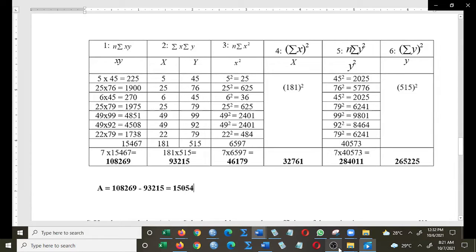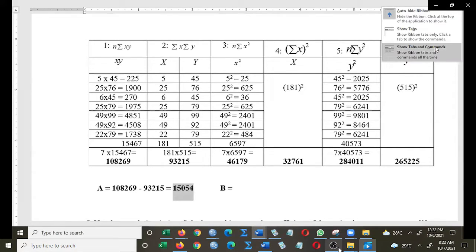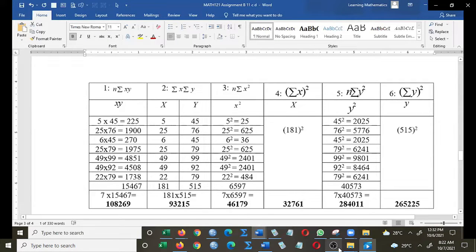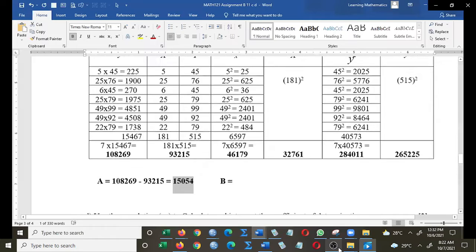Yes, sir. Right. What about B now? How do we calculate B? So I get 15048. Yes, please verify. As you know, I'm not using my calculator.